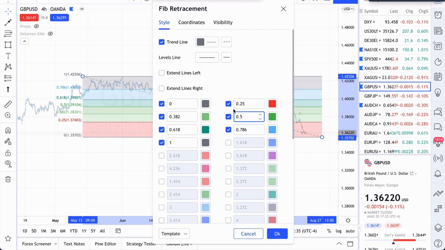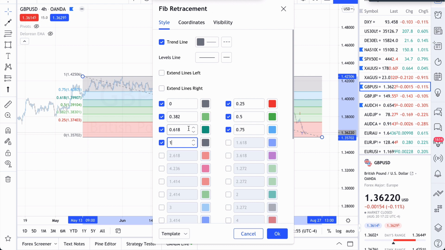So I have 0, 0.25, 0.5, think of money, 4 quarters. Instead of 786, I have 0.75. Then I have 1. 0.382 is already there. 0.618 is already there.